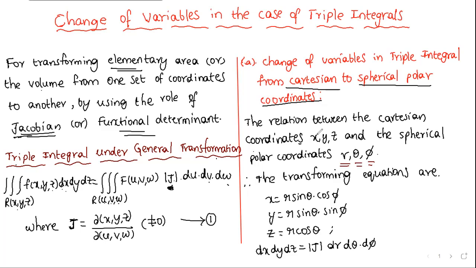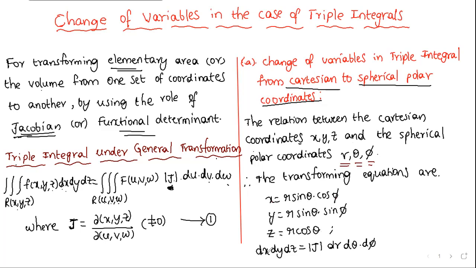We have to change the variables x, y, z to spherical polar coordinates r, theta, phi by using the transforming equations, that is x is equal to r sin theta cos phi, and y is equal to r sin theta sin phi, and z is equal to r cos theta. Only these three formulas can be used for spherical polar coordinates.